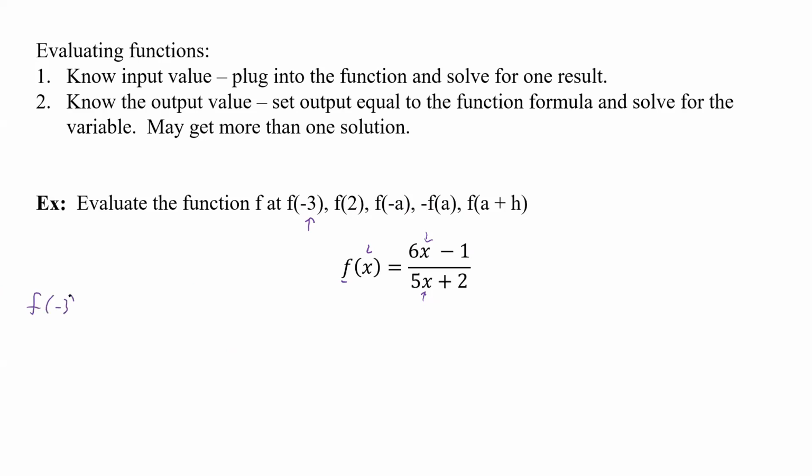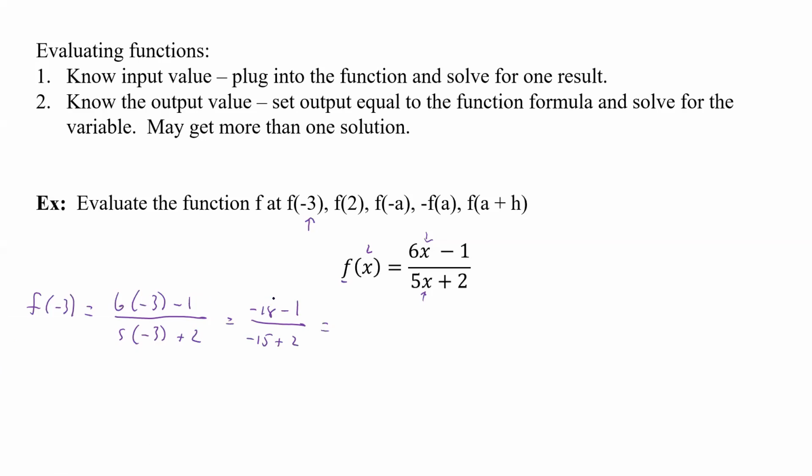of negative 3 is equal to, well, that's going to be 6 times negative 3 minus 1 all over 5 times negative 3 and then plus 2. Okay, I don't really need that parenthesis on the end here. So now we take 6 times negative 3, that's negative 18, then minus 1 over, that's going to be negative 15, then plus 2.